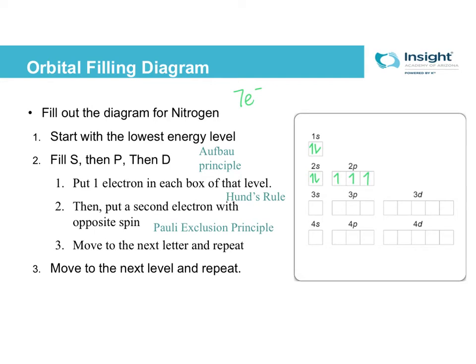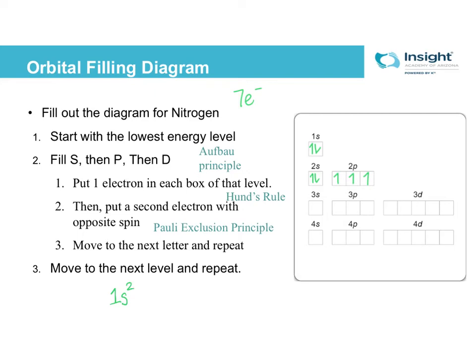Now, another thing you need to be able to recognize is the shorthand way of writing this. Sometimes you might be asked for an electron configuration. You're not going to draw this whole big giant picture; there's a way to just type things. You write 1s, and to tell me how many electrons are in 1s, you do a superscript 2.